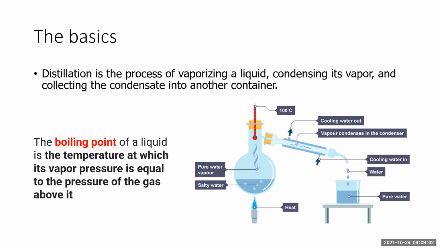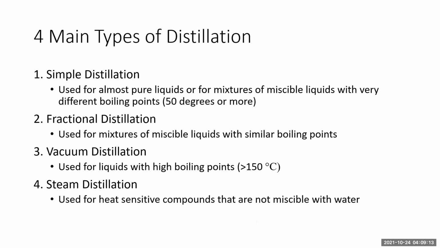And so a liquid must have its own vapor pressure that is equal to the external pressure in order to boil. And typically that would be like 1 atmosphere or 760 millimeters of mercury if it's just normal atmospheric pressure.